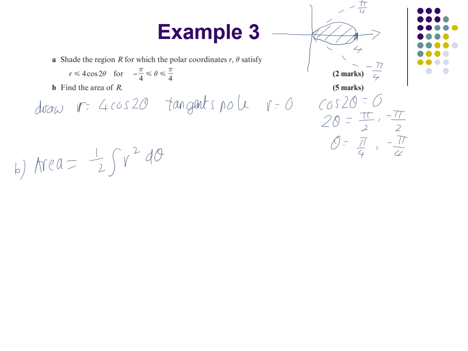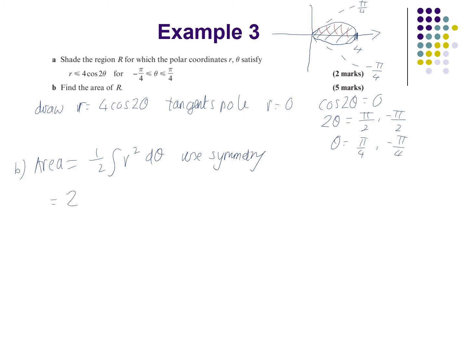I'm going to again make use of symmetry. By using symmetry, because it's just a cos curve, it's symmetrical about the horizontal axis. So I'm going to find just that red shaded bit, between 0 and pi by 4, and then I'm going to double it.